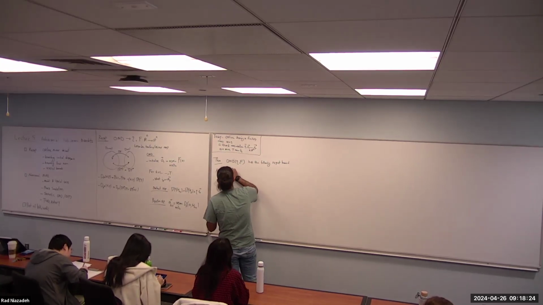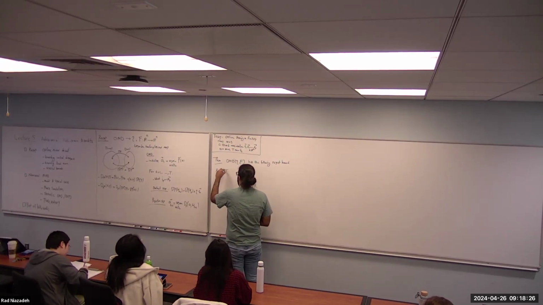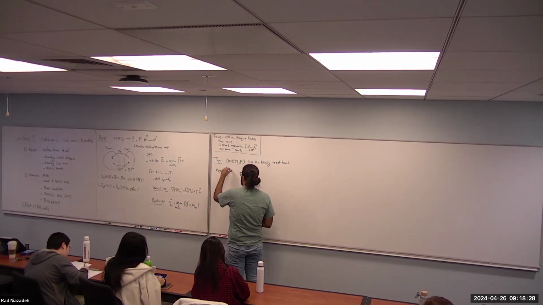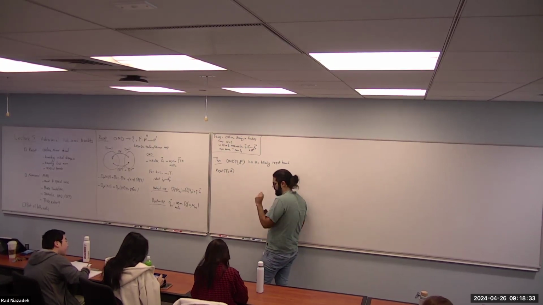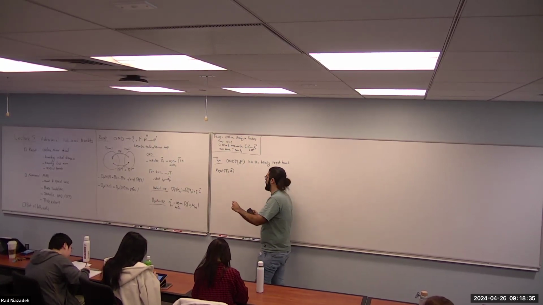Let me define a slightly different notion: the regret at time T against some fixed action A, which is the regret that the online algorithm receives with respect to playing the fixed action A in all rounds.